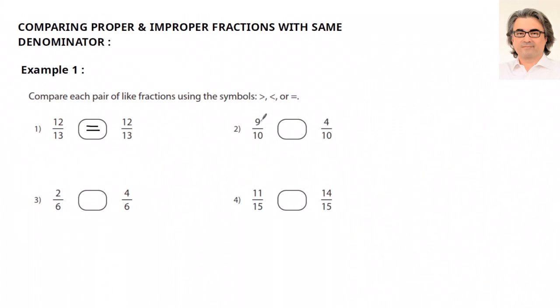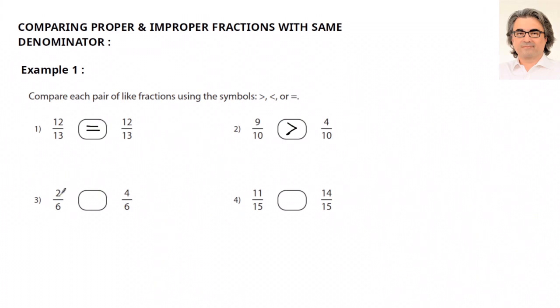It means 9 over 10 is greater than 4 over 10. Let's repeat again. If denominators are equal to each other for positive fractions, then the fraction whose numerator is greater than the other one's numerator will be the greater fraction.